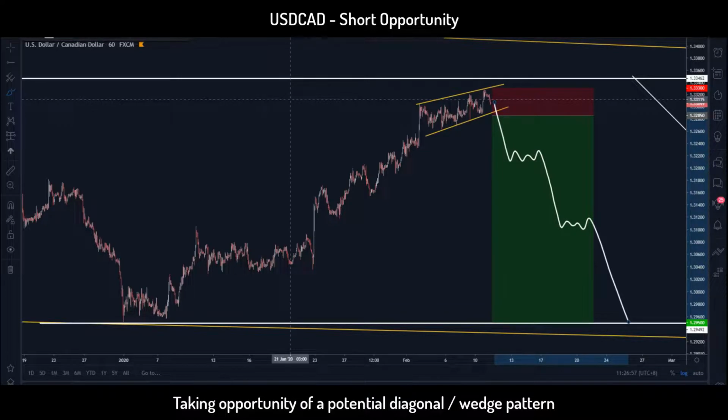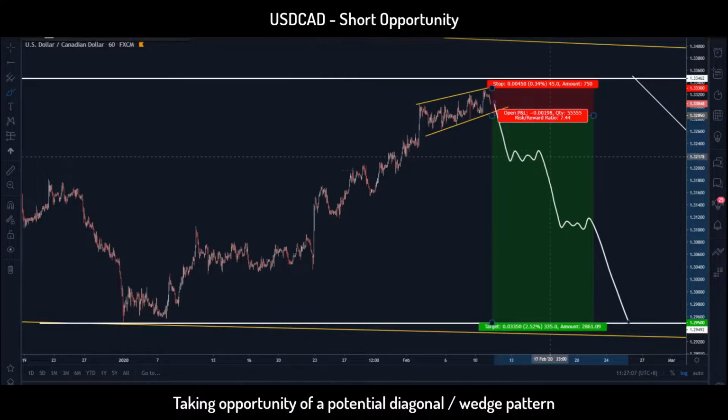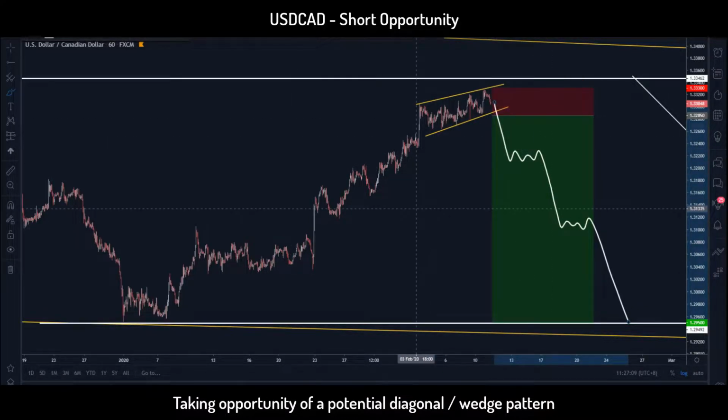Once that happens, this trade is what I call a risk-free trade, because the worst case scenario is that I'll never lose money on it. And if I see another opportunity to add on, to scale in onto the trade, we're going to do that as well.